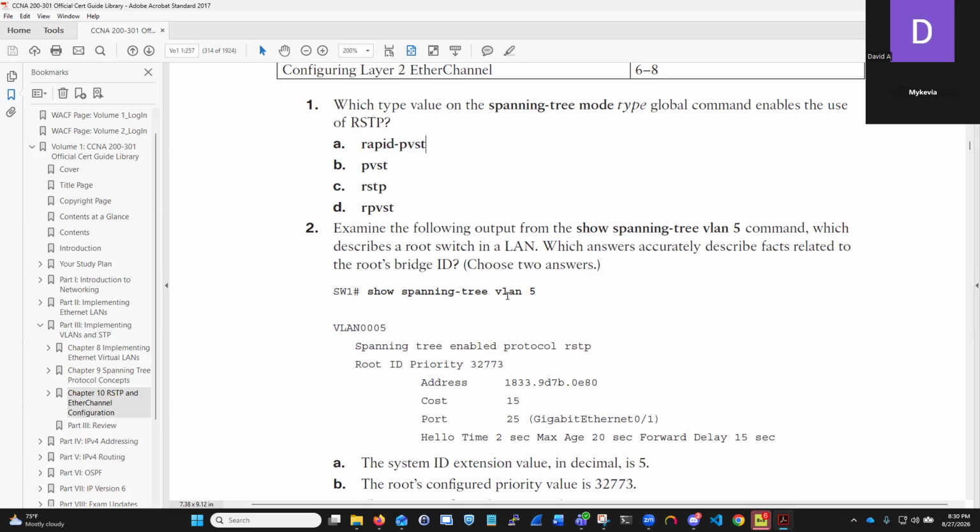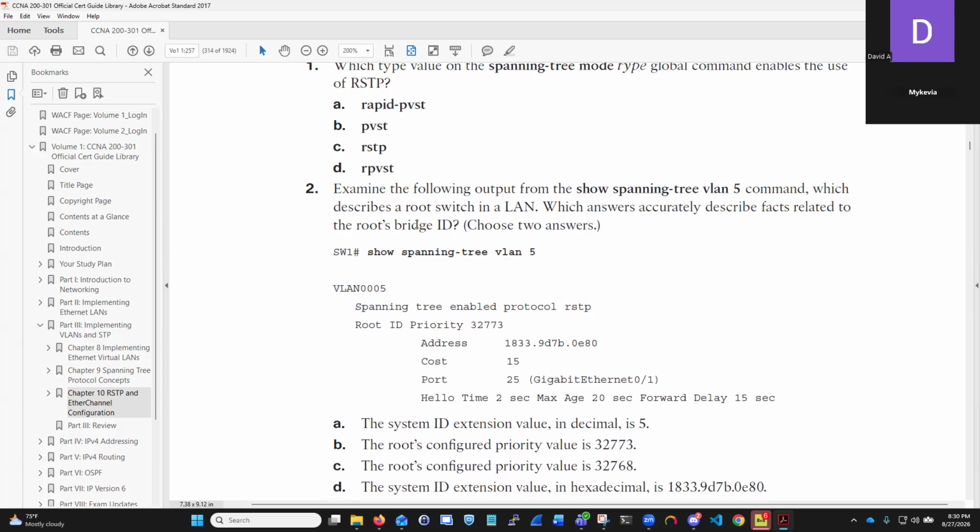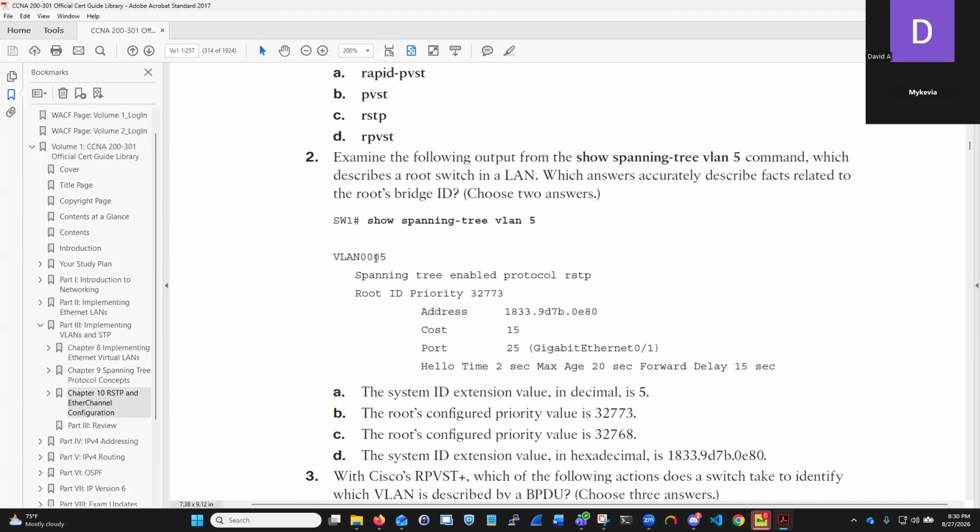Okay, cool. Let's look at question two. Examine the following output from the show spanning-tree VLAN 5 command, which describes a root switch in a local area network, or LAN. Which answers accurately describe facts related to the root bridge ID? Choose two answers.